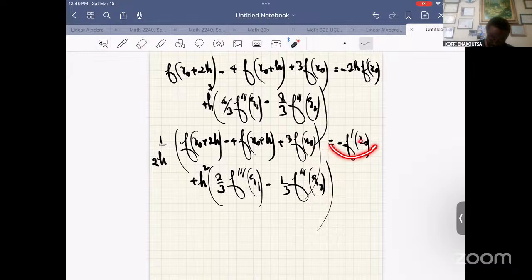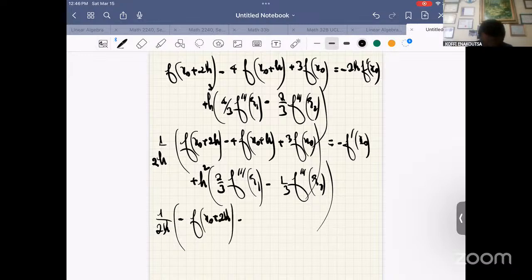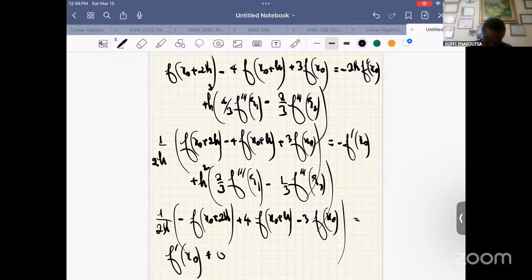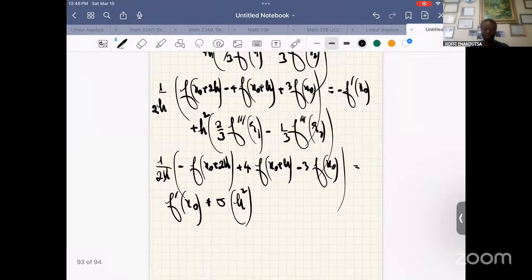So this will be 1 divided by 2h, minus f at x0 plus 2h plus 4 f at x0 plus h minus 3 f at x0, like this, is f prime at x0 plus big O of h squared.